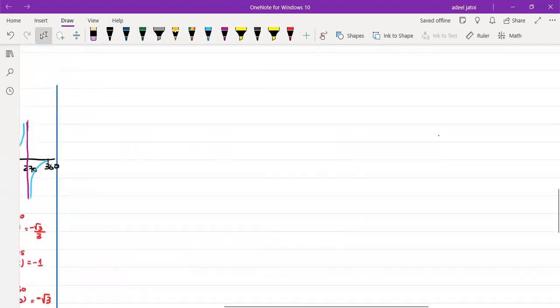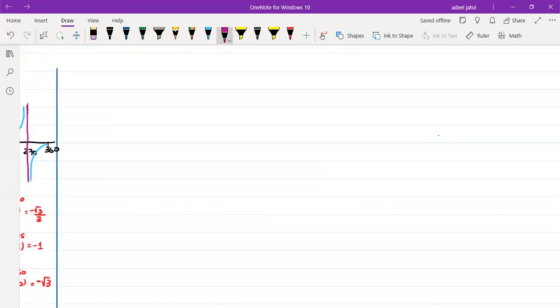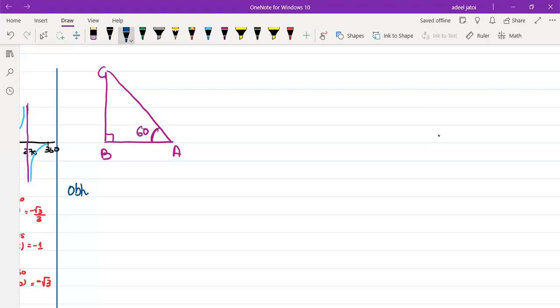Another example of cos: if we say that we have a diagram, this is 90 degrees, A, B, and C, and let's say this is cos 60, and we need to find out the obtuse angle A. So what is obtuse angle A?